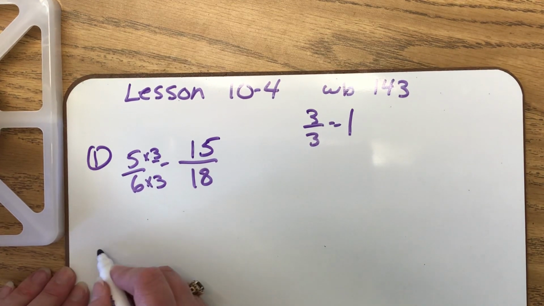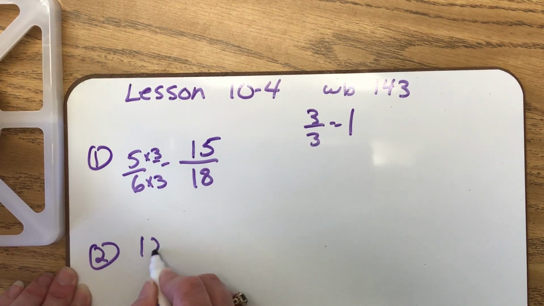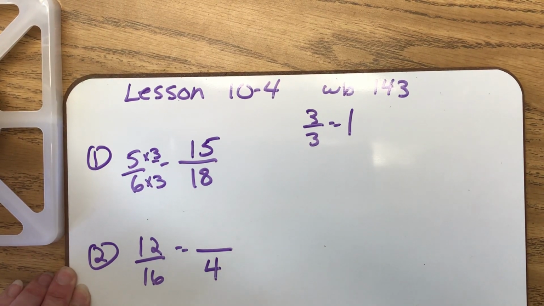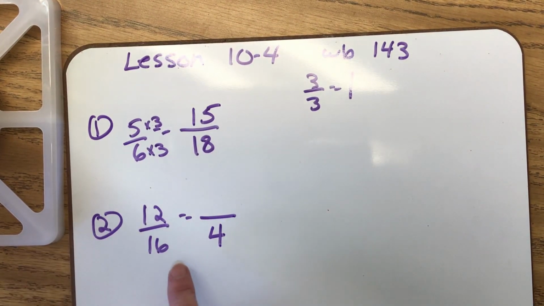All right, number 2 says 12/16 equals how many fourths? Well, this time I'm not multiplying. I'm dividing because I'm going from 16 to a smaller number, 4. So I ask myself, 16 divided by what equals 4? Or I can say 4 times what equals 16?